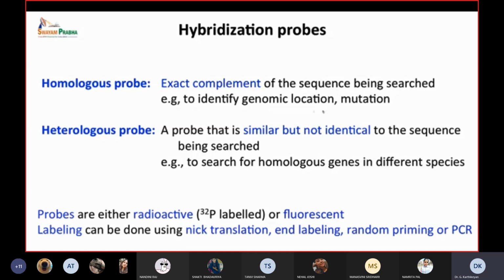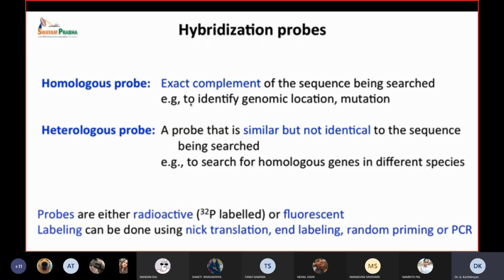So for example, you have a partial fragment of a gene. Say you have a mouse gene, you have a partial fragment of that gene, and now you want to pull out the entire gene. So you make a probe out of that fragment that you have and screen a genomic DNA library, and you can pull out the entire gene.